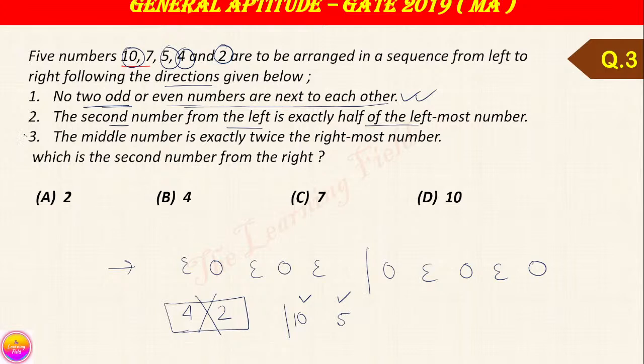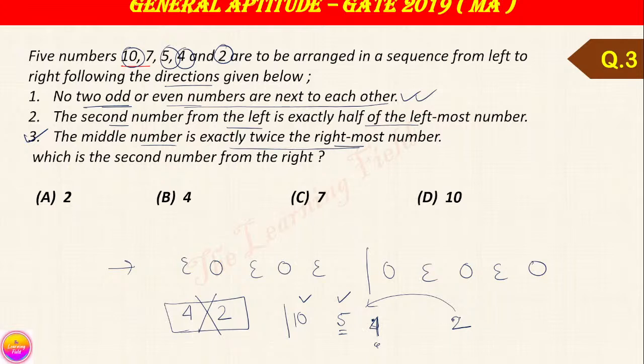Now direction 3 says that the middle number is exactly twice the rightmost number. The middle position here follows an odd number, therefore the number must be even. It is exactly twice the rightmost number, so this is clearly 4 and this is clearly 2.